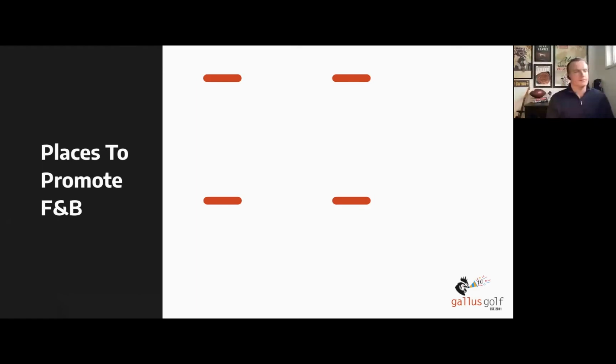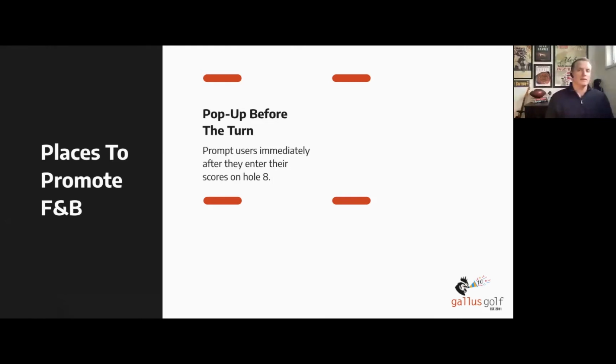One of the sections that comes to our mind first, Matt already mentioned this, is putting up a pop-up within the scorecard and GPS section before the turn, prompting users to view your menu. Sometimes all they need is just a little nudge to get in there and actually check out your menu to place an order.